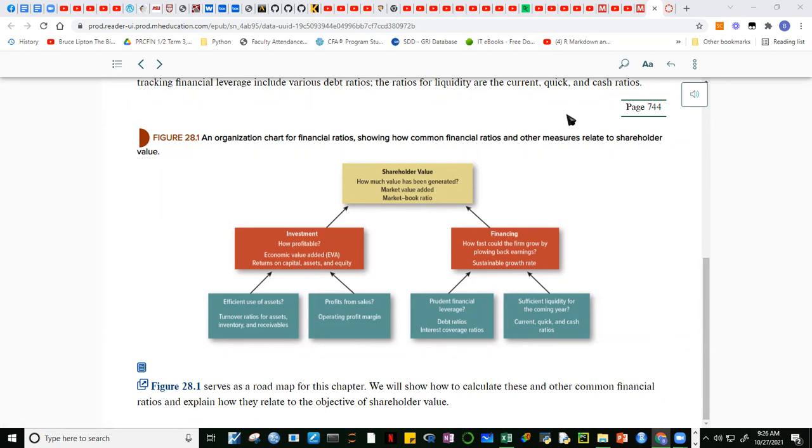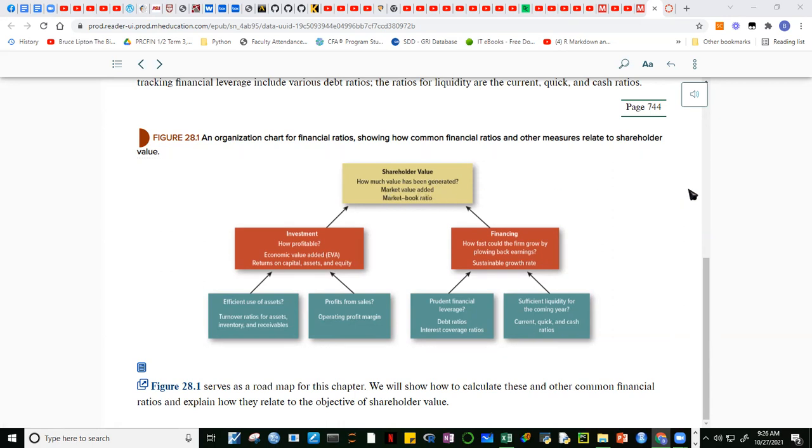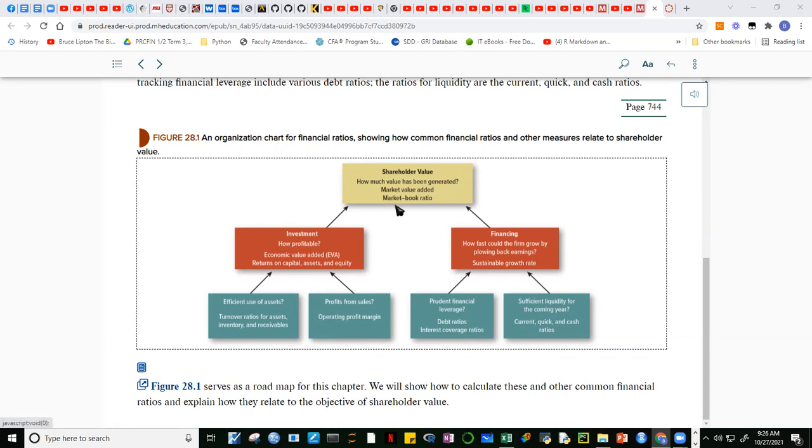That's the purpose of financial ratios. For example, to answer the question, is the firm able to maximize or optimize shareholder value? We can make use of this metric called MVA, market value added, or market to book ratio.